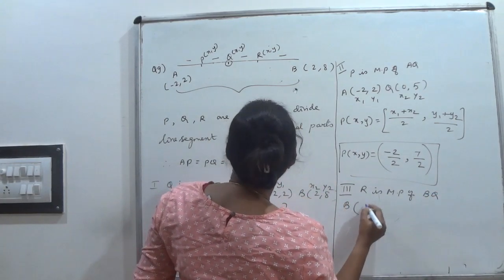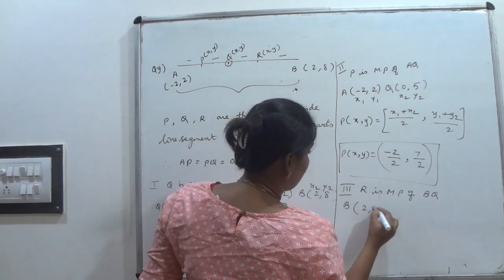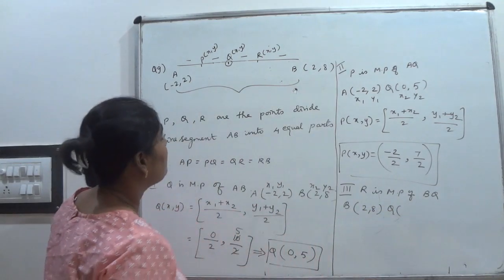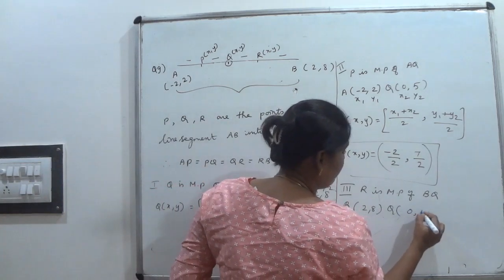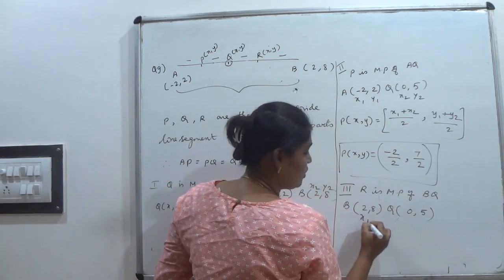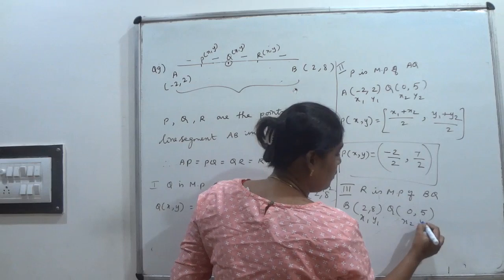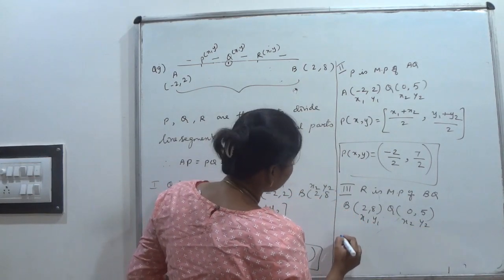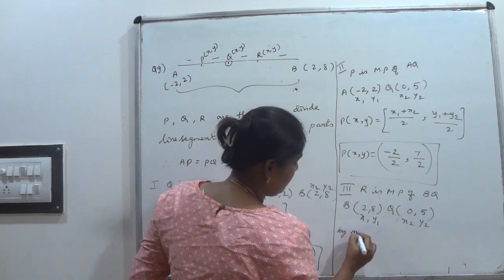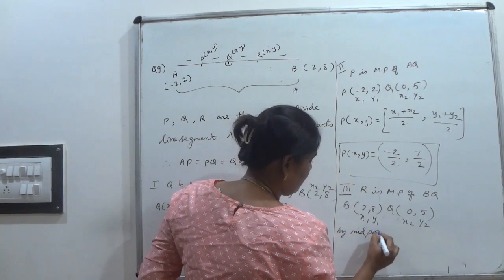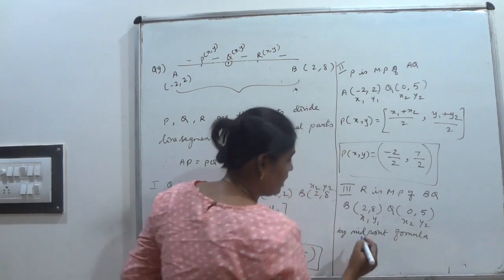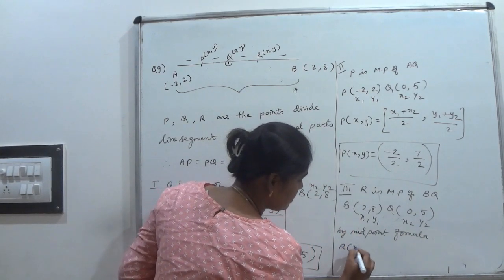B coordinates you write first, that is 2 comma 8, and Q coordinate we got 0 comma 5. Mark it x1 y1, x2 y2. By the midpoint formula, we can get the R coordinates.